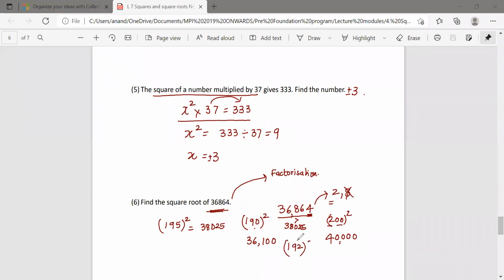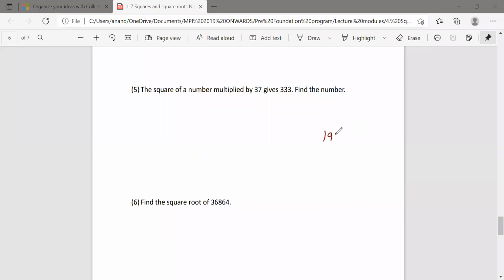And I can also observe that 36864 is so close to 36100. No? Now imagine this is 190 square. Look at it position wise. This is 190 square. 190 square is 36100. 200 square is 40,000.